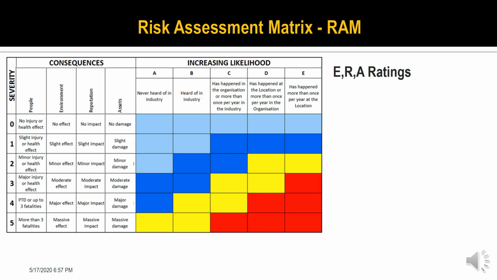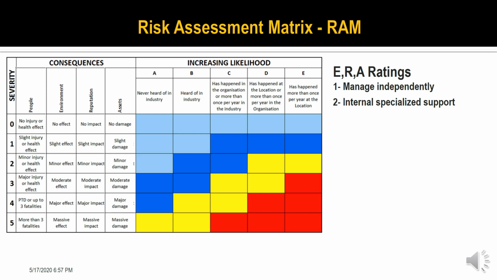When you are deciding about environment, reputation and assets related risk, how are you going to measure it? Remember, severity 1 means you can manage independently. What is independently? It is a localized risk. Otherwise you need special support, whether related to assets, reputation or environment; you have to seek the support of specialized people within the organization.